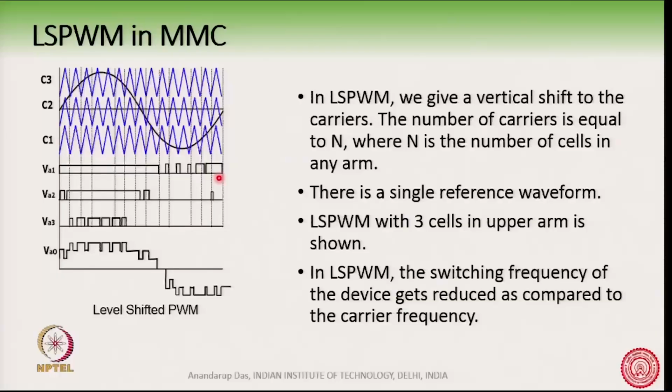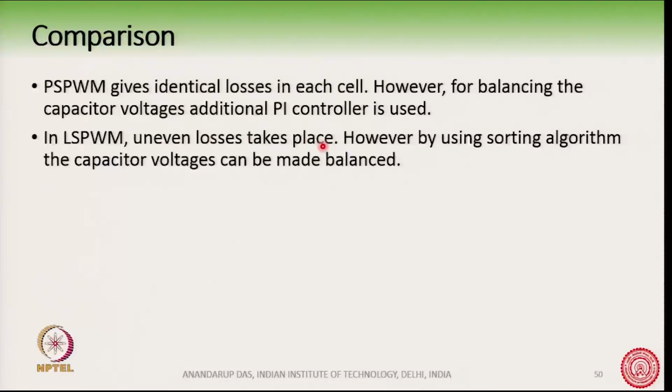In case of level shift PWM, the challenge is that the switching pattern is not the same for all the cells, and this will cause uneven losses inside the cells, because the switching pattern, the conduction period and the switching instants are all different.